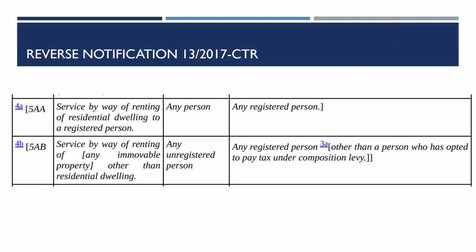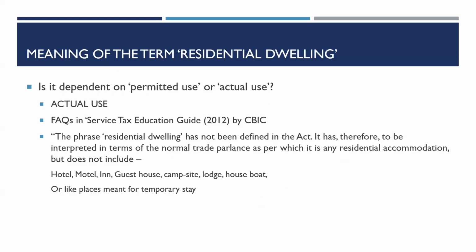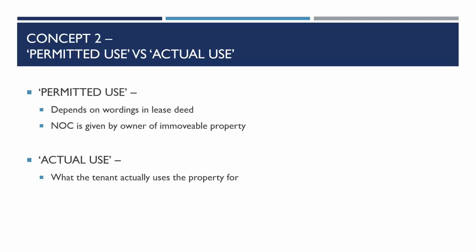So the landlord should raise an invoice saying that it is under reverse charge and you pay it yourself, is my view. He would be raising an invoice, but he would be raising the invoice as if it is a reverse charge entry. This is what we derived after that Vasudev Ambarish case.